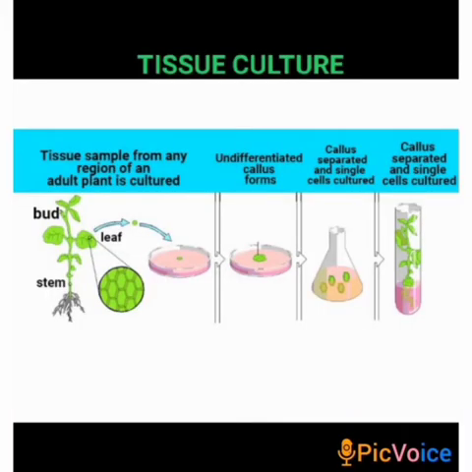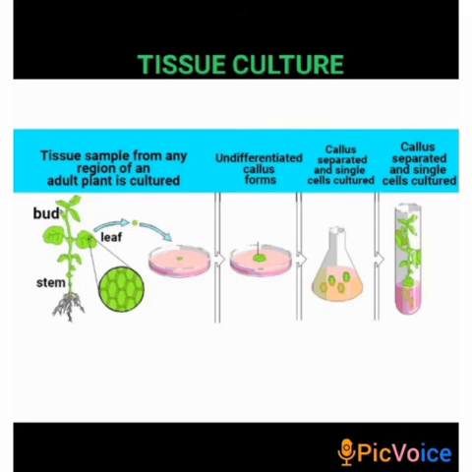Children, this is a modern technique. It is called tissue culture. You know what a tissue is. Tissue is a group of cells. In tissue culture, new plants are grown by removing tissue or separating cells from the growing tip of a plant.